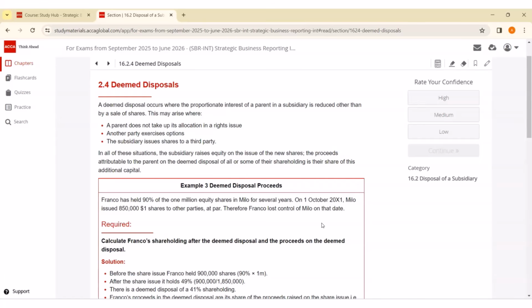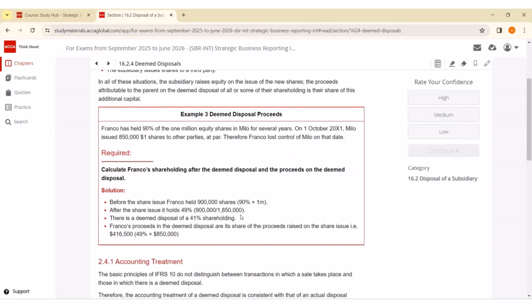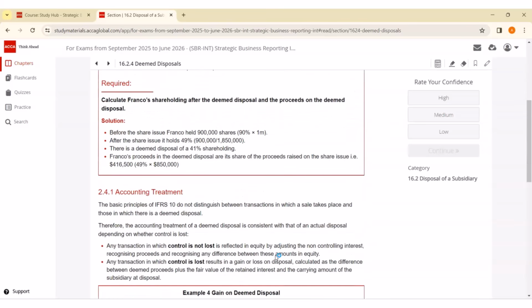In the case of a deemed disposal, you first calculate the initial shares that were being held, then after the share issue was done, how much was being held, and there is a deemed disposal for which we calculate the sale proceeds, based on its share of the proceeds raised on that particular share issue. That is how it is calculated.